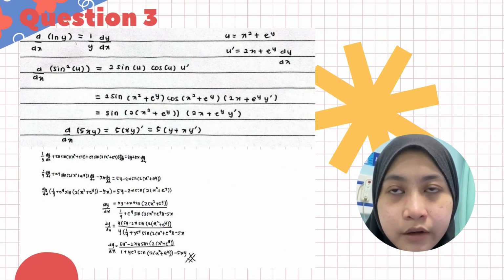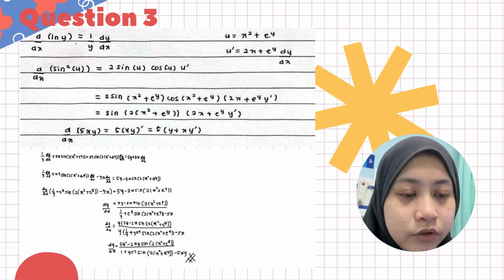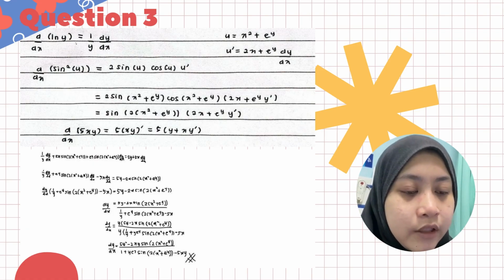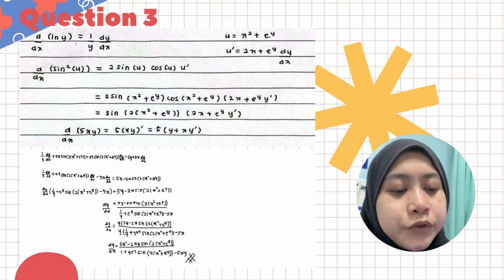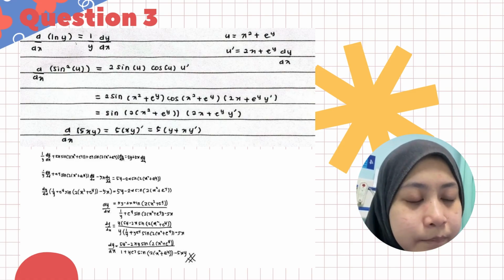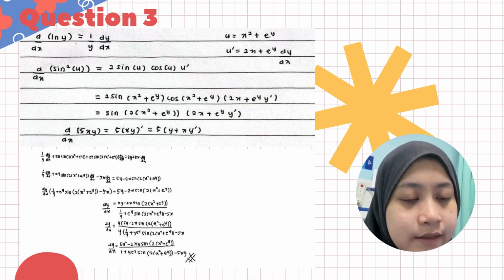So for the final answer, it is going to be rounded off. After that, we're going to put all the answers that we have into one big equation. L(x) equals f(a) plus f prime(a) times (x minus a).